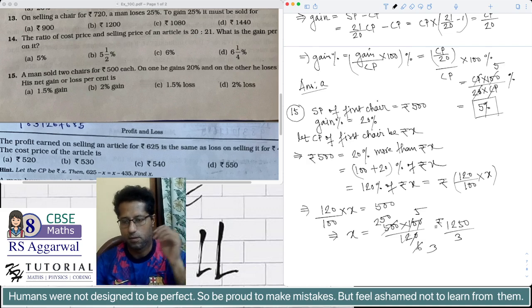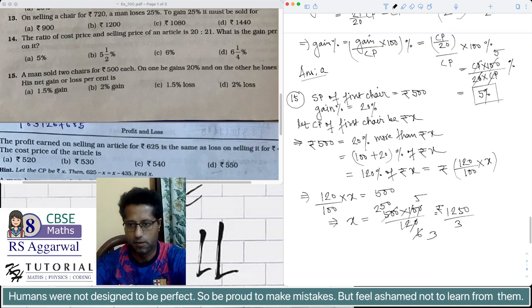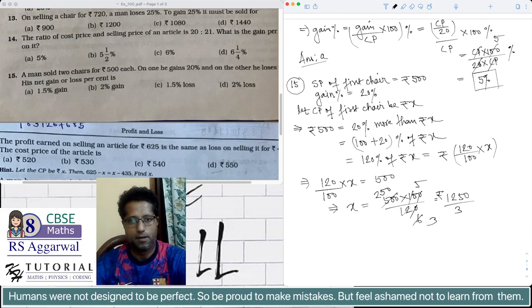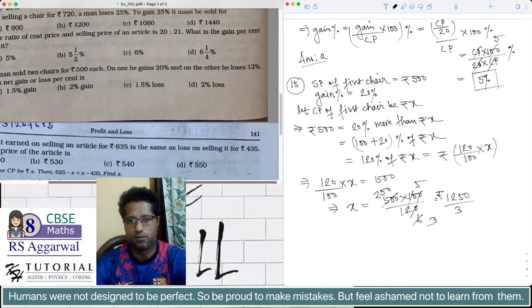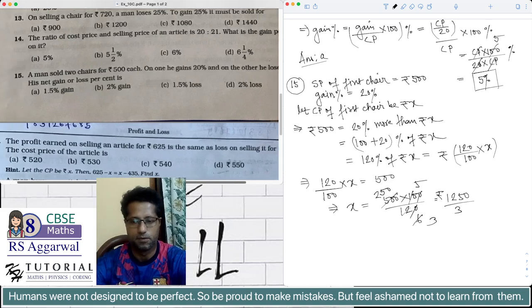Okay, so X is the cost price of the first chair on which the man gained 20%. Now let's find the cost price of the other chair on which the man lost 12%.